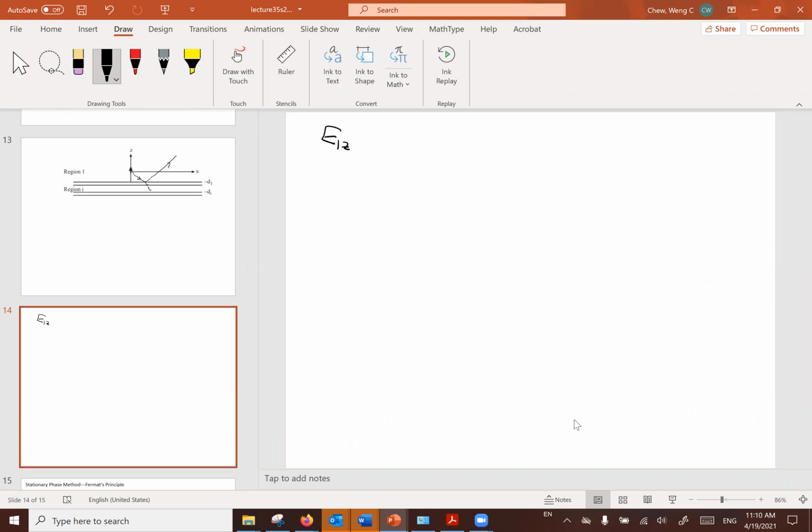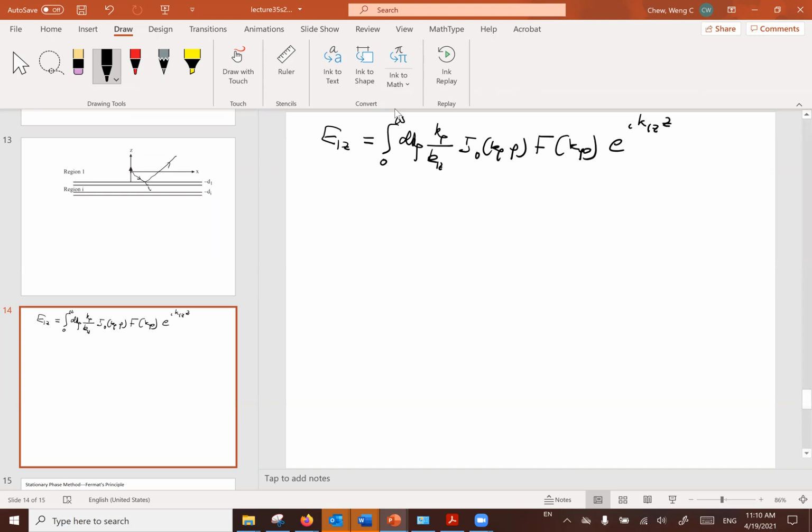The field in region 1 would be a complicated integral from 0 to infinity, d k rho over k1z, J0 of k rho, and then I lump everything that is very complicated into this function called F. And then there's a plane wave propagating in the z direction.